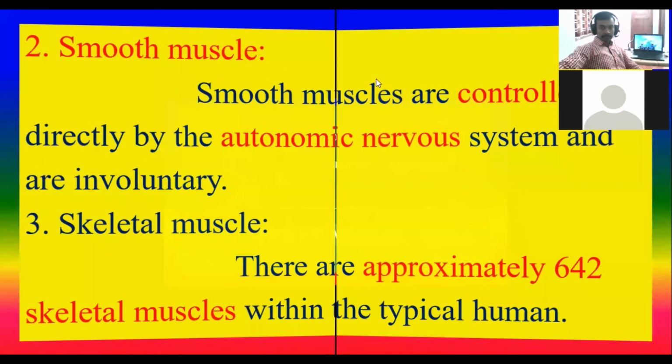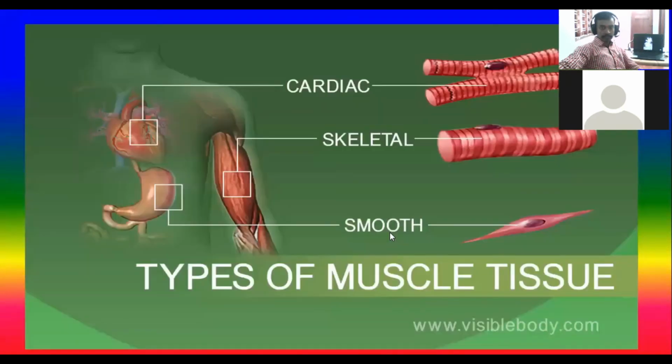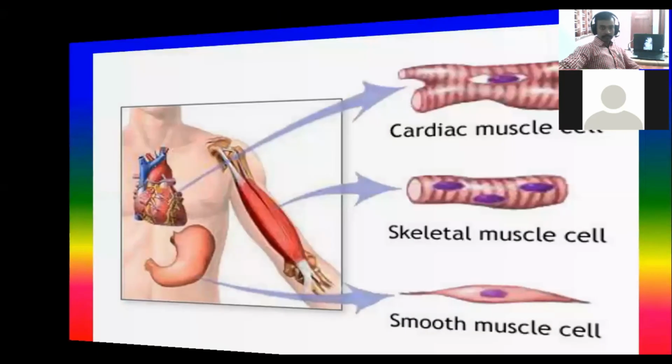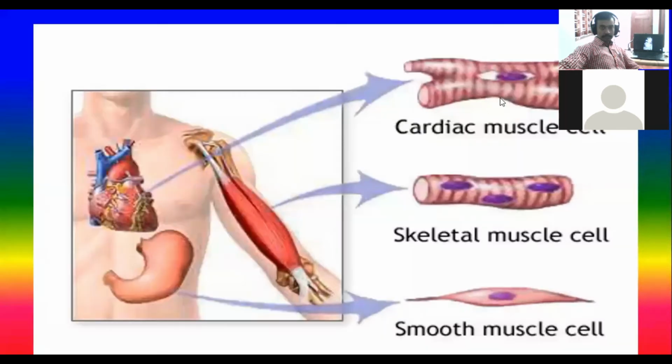Look at this, each type of muscle: cardiac, skeletal, smooth. For more understanding, cardiac muscle is in the heart. Can you see that? Heart, epicardium, endocardium, like this.